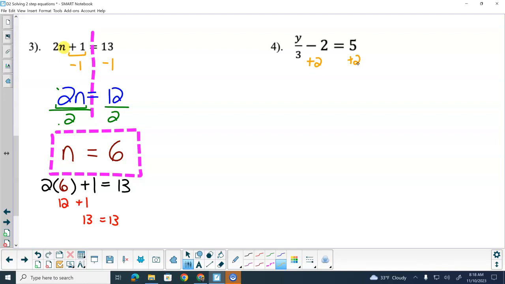Or what's left over there? Where you at, Molly? Y over 3. Yeah. If I add 2 to the right side, what do I have? 7. I like 7 better. Yep, I like 7 better. So we have 7 over there. Okay. Now what do we do?